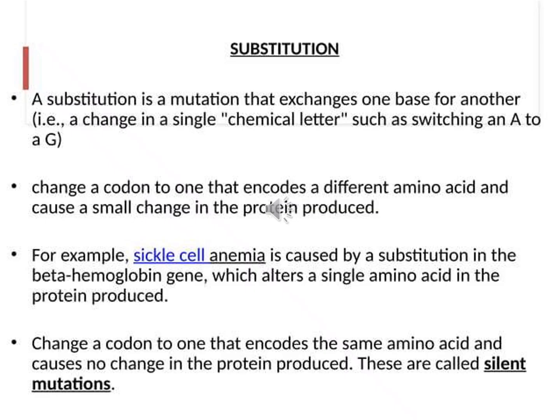For example, sickle cell anemia is caused by a substitution in the beta hemoglobin gene, which alters a single amino acid in the protein produced. And if the change gives a codon that encodes the same amino acid, there is no change in the protein produced. We call that a silent mutation.